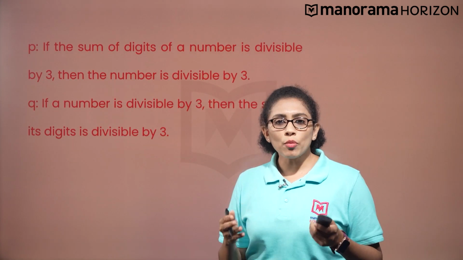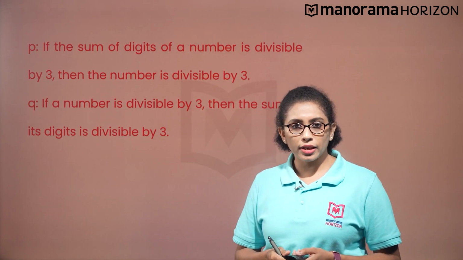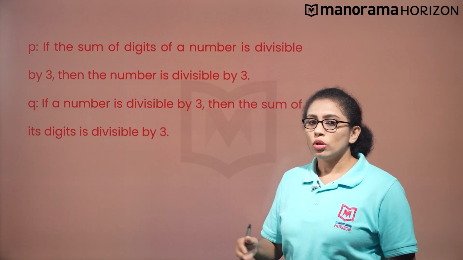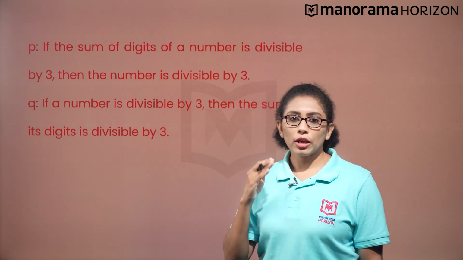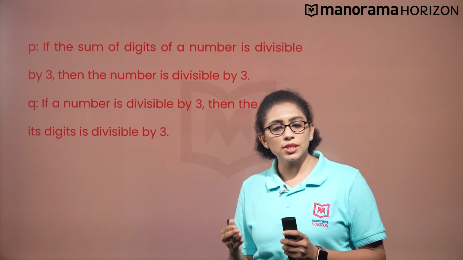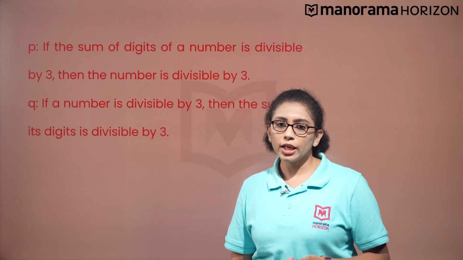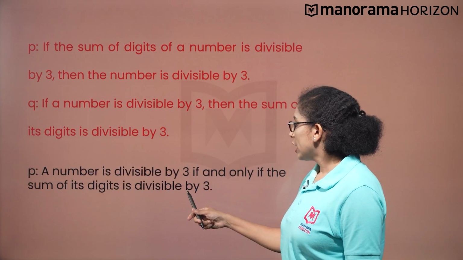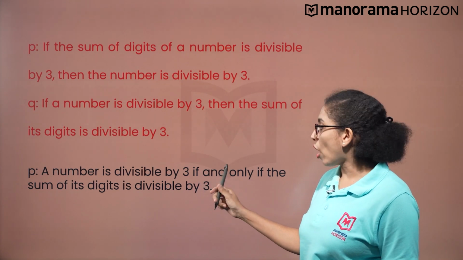Next, if the sum of digits of a number is divisible by 3, then the number is divisible by 3. So, how can we write it? If a number is divisible by 3, then the sum of its digits is divisible by 3. It can be written using if and only if. How can we write it?